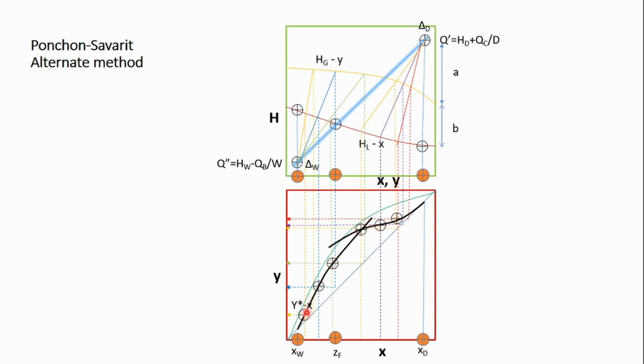In McCabe-Thiele we had drawn a straight line for operating lines. Here these plots are curved because the slope, that is the L by G ratio, or the flow rate of liquid, varies from stage to stage.